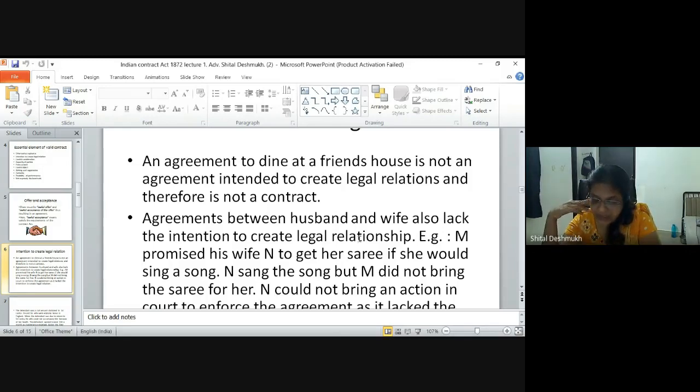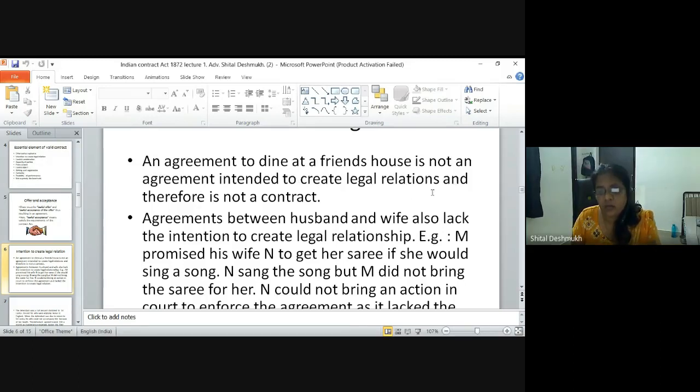Of course, an agreement of a social and domestic nature does not come under a legal relationship. Why does it not come under a legal relationship? Because there is no intention to create a legal relationship. For example, an agreement to dine at a friend's house is not an agreement intended to create a legal relationship.